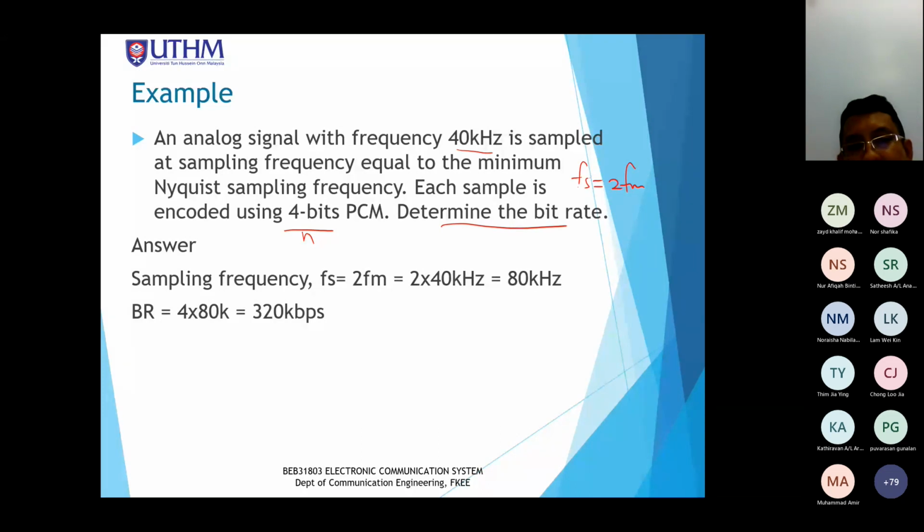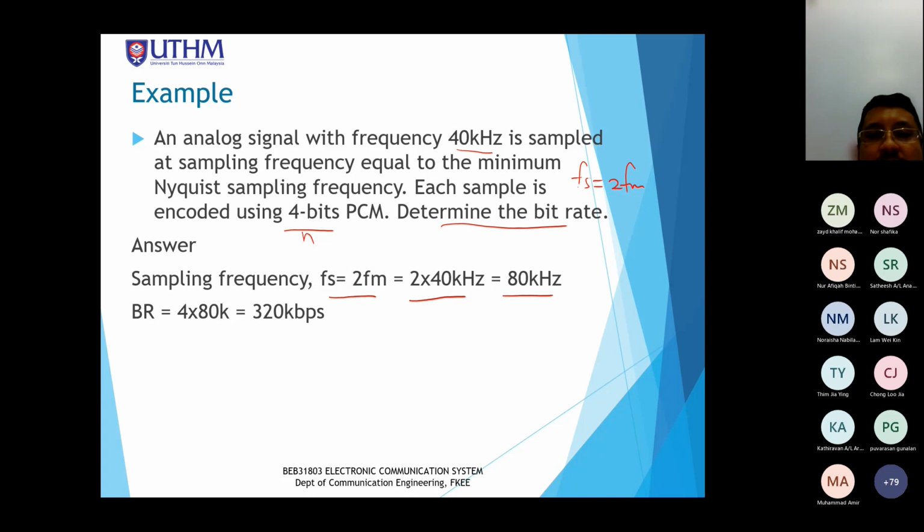So bit rate is equal to sampling rate multiplied by the number of bits per sample. First of all, we need to find the sampling rate, which is equal to 2 times the highest frequency, 2 times 40K, so we produce 80 kilohertz.